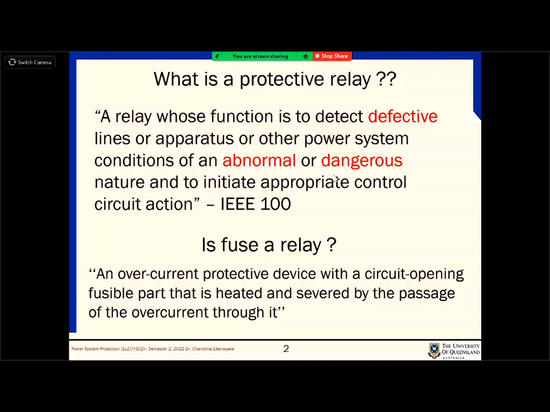Instead of fuses, it is the same as a circuit breaker, but it is an intelligent device that can measure the current and voltage, and if there is some issue in front of it, it can quickly open the network.